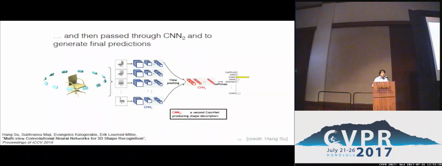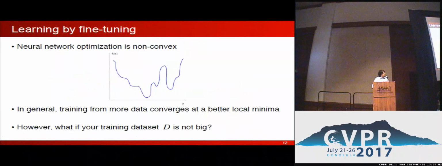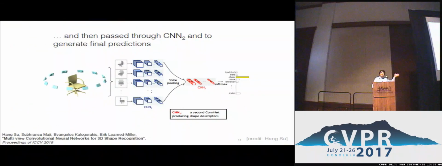You can go on and process them through the rest of the layers of your favorite image-based architecture, like the FC6 and the FC7 layer and so on, to output a descriptor. And this descriptor can be mapped to probabilities. For example, based on a linear classifier, you can decide that this is a chair with a certain probability.